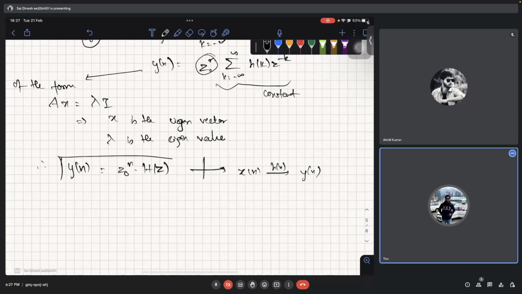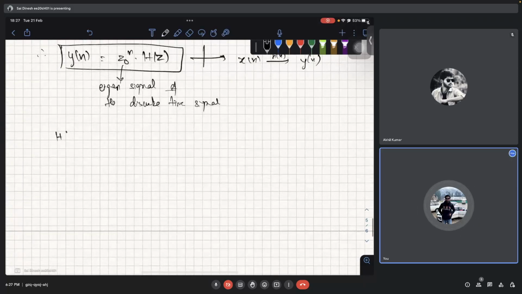So this is known as the eigen signal of the discrete time system.